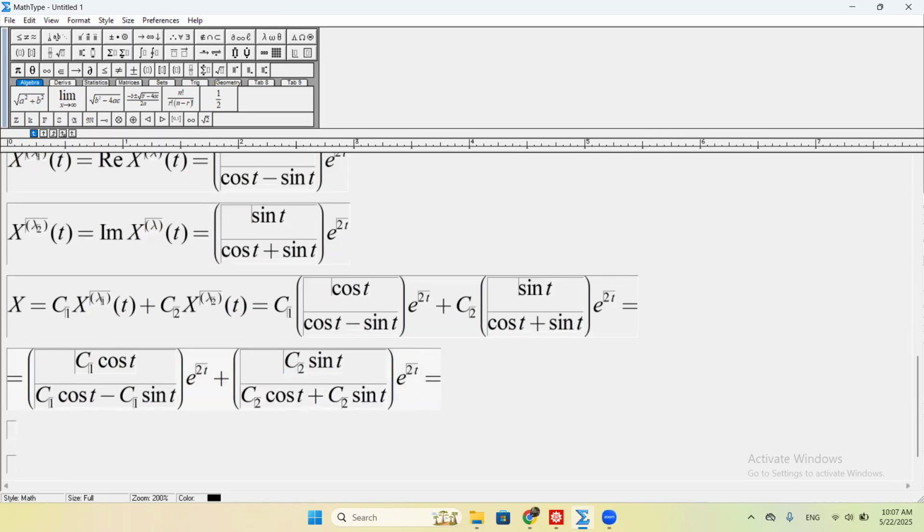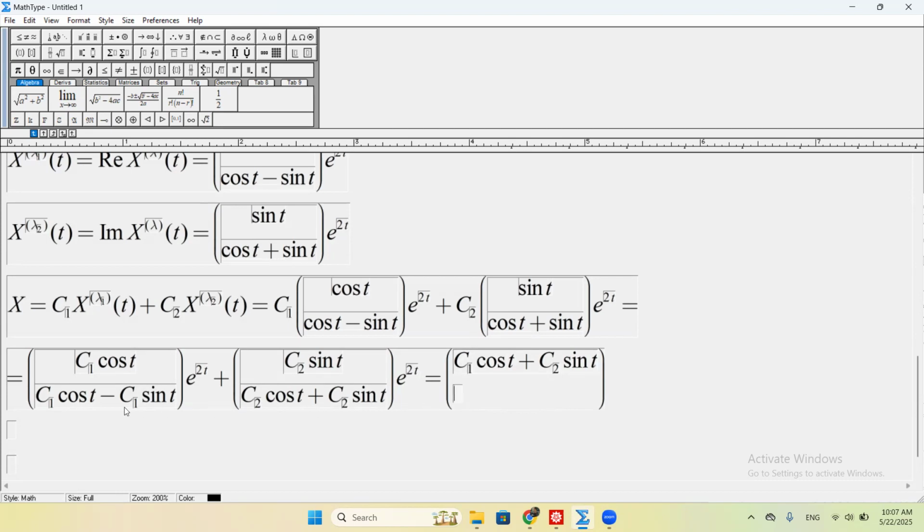So we will receive C1 cosine of t plus C2 sine of t.